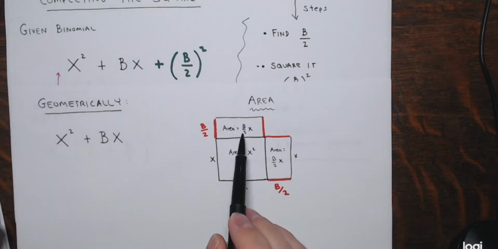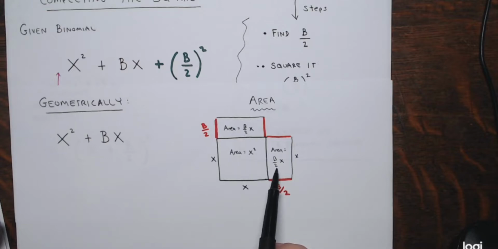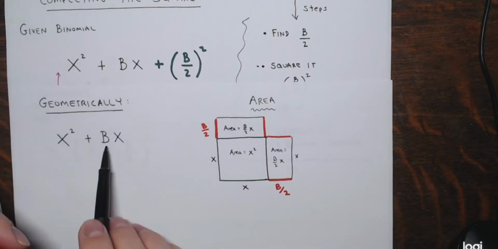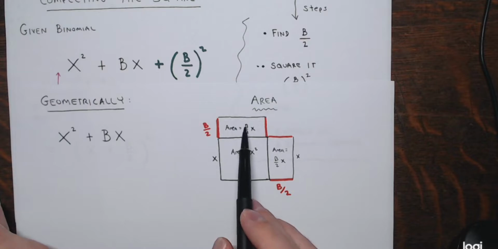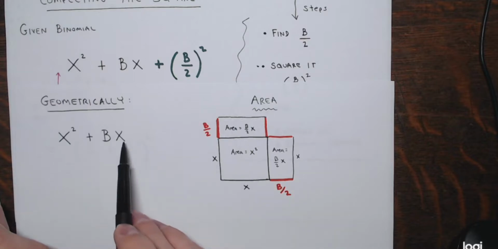If you take half of bx plus another half of bx, these two rectangles together give you bx, since half of b plus half of b is just b itself. So here we have x squared area, and then these two rectangles make the plus bx area.